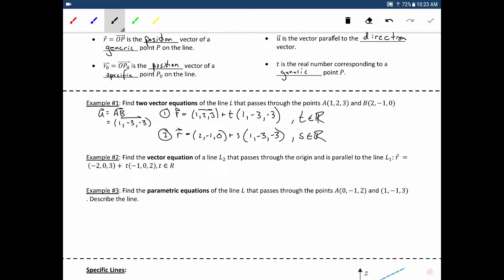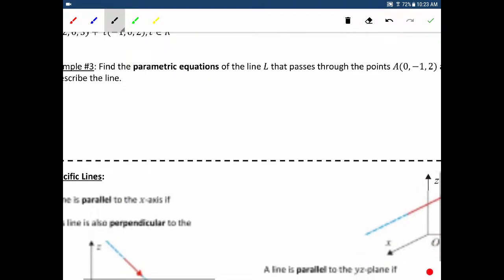So the point that we start at is right here, and then we just take this as our direction vector. Or alternatively, we just start at this point, which should still be on the same line, and go that way. All right, so I'm going to leave example 2 and 3 to you to try out, and we're going to jump on to this next part.